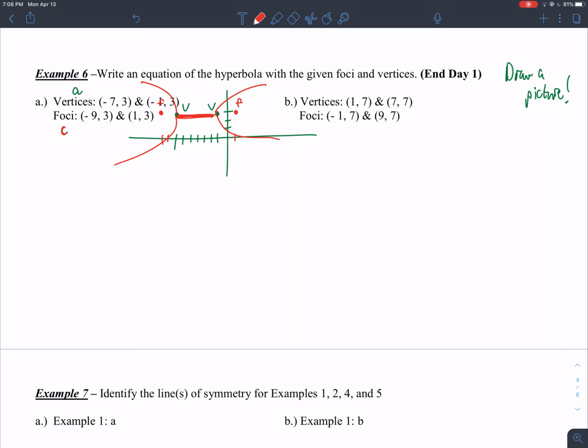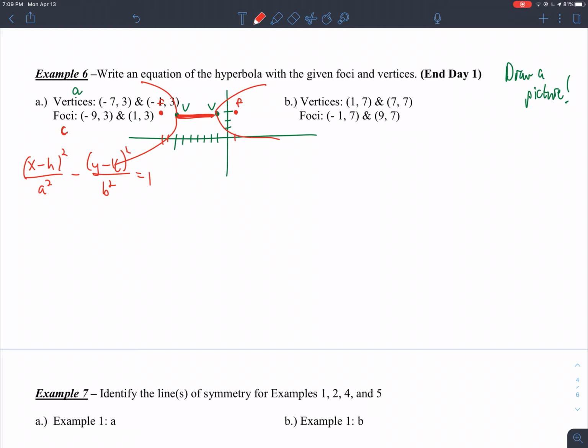You're saying, I'm using this formula. Oh, not that formula. X minus h squared over a squared. Remember, a squared is always in front in a hyperbola formula. Then y minus k squared over b squared equals 1. Okay, and it's a minus because it's a hyperbola. X squared is in front of the minus because the hyperbola is a horizontal one. All right, and so now I have to fill stuff in.